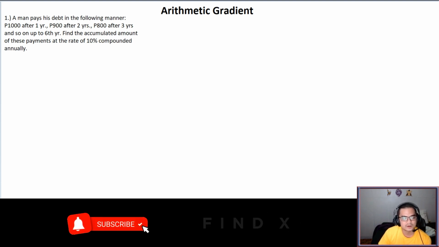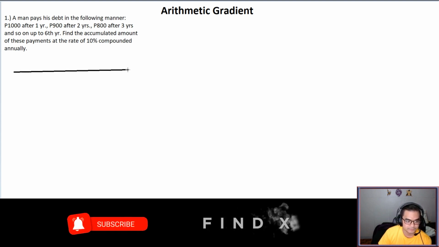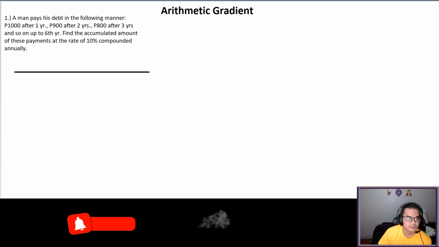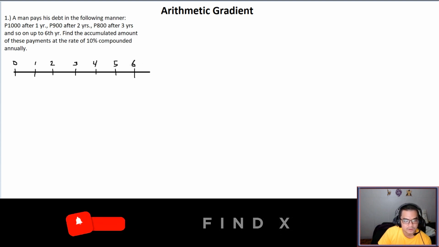Now let's try to draw the cash flow diagram first. So this is year 0, 1, 2, up to 5, and 6.